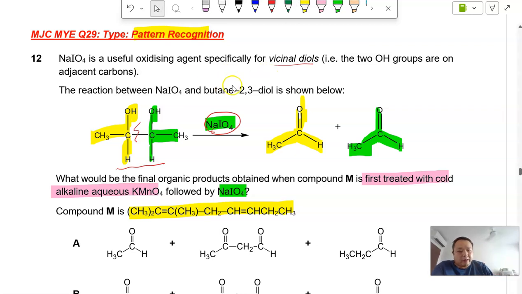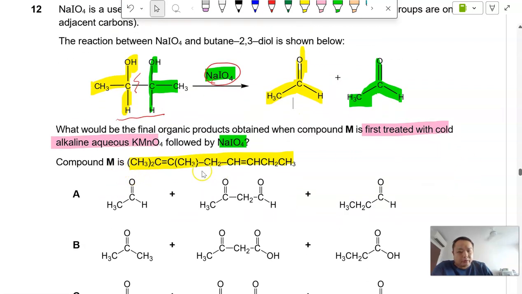So the question now wants you to extend this pattern recognition into compound M. Now compound M, clearly you can see there are two alkenes over here. The question you have is, what has the alkene got to do with the diol? What is the relevance? But you notice that it is first treated with cold alkaline KMnO4. This is your mild oxidation.